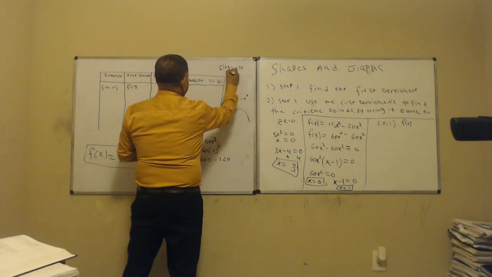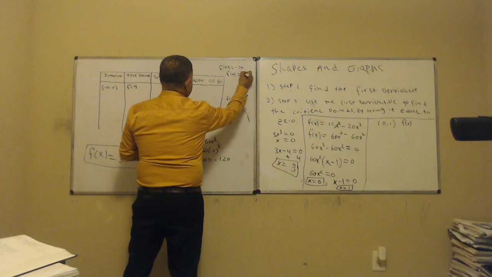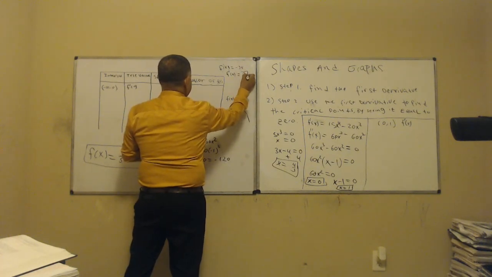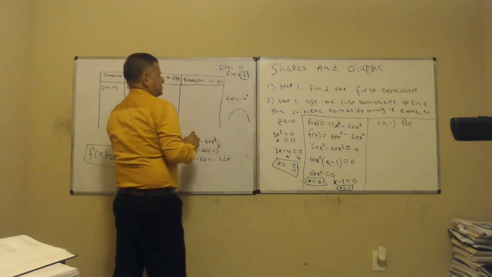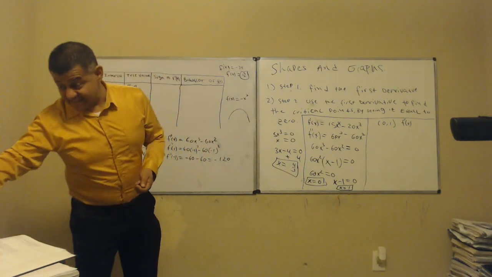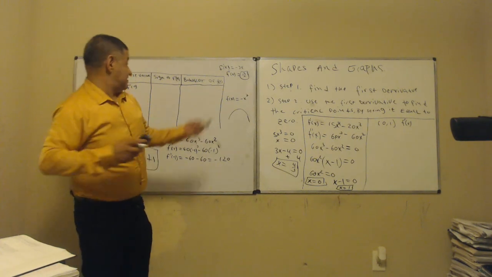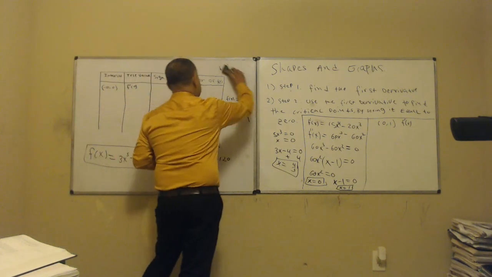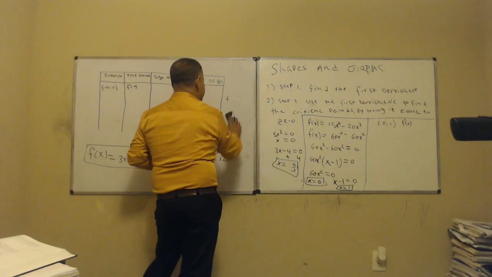Second derivative is going to be negative 2. See? So that is telling me that that guy, just by looking at it, is concave down.